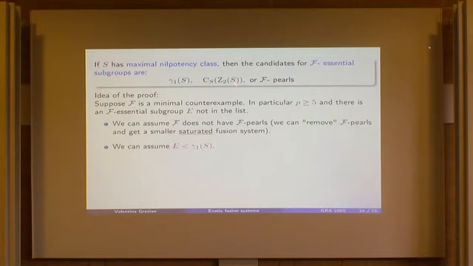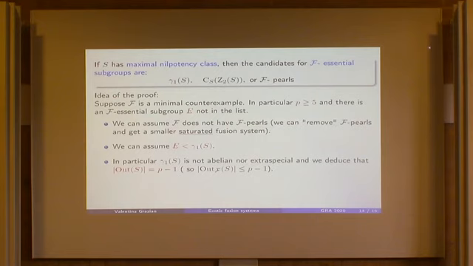So we can assume E is inside gamma 1 of S, and we can assume all essentials that we see are inside gamma 1 of S, and since E is not in the list, it's properly contained there. In particular, gamma 1 of S is not abelian. Remember, essentials are self-centralizing, so gamma 1 of S is not abelian. And we can also prove that gamma 1 of S is not extraspecial. So we are not in the Sylow of G2(p), for instance.